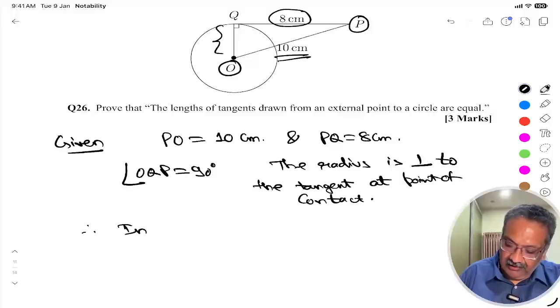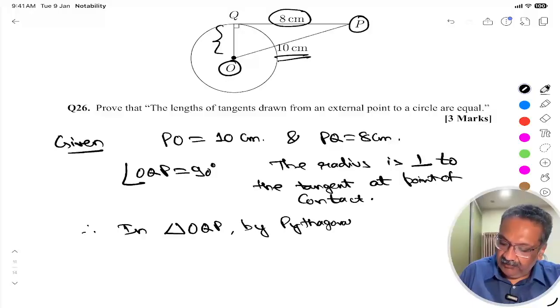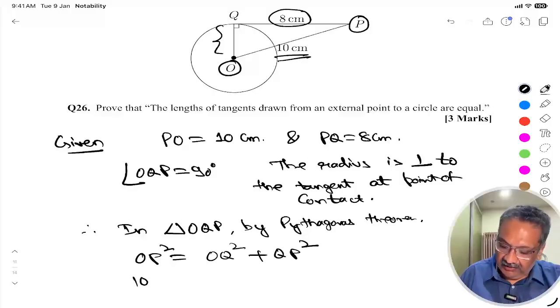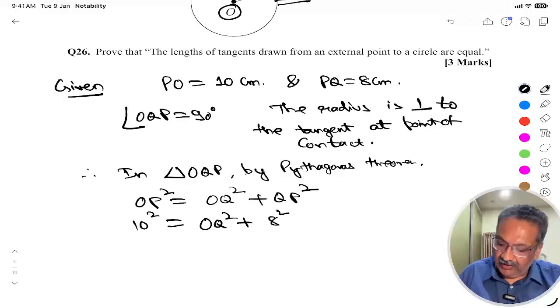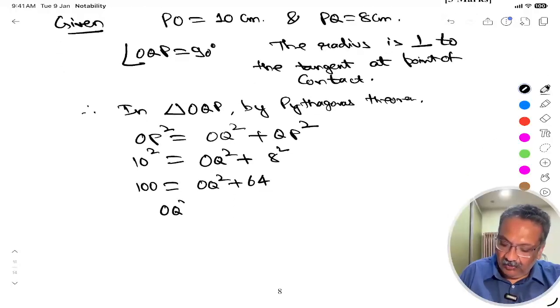Therefore in triangle OQP, by Pythagoras theorem, we have OP square is equal to OQ square plus QP square. That is 10 square is equal to OQ square plus 8 square. So 100 is equal to OQ square plus 64. So OQ square is equal to 100 minus 64, which is 36.